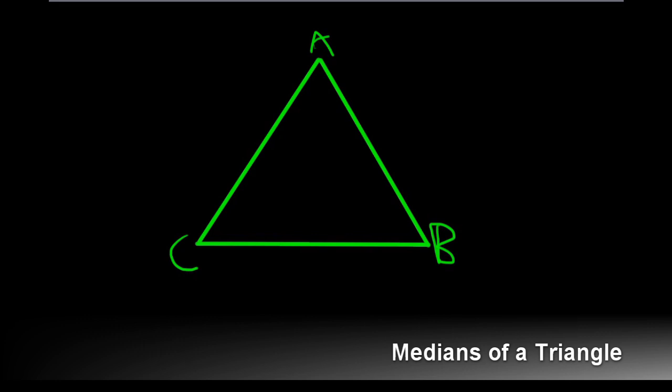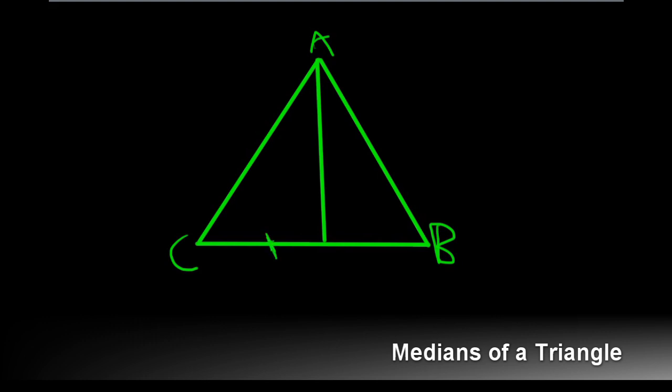Okay, so the last thing that I would like to talk about are the medians of a triangle. So what is the median of a triangle? Each triangle has three medians, and you can form one by joining the vertex to the midpoint of the opposite side. For example, if I take point A, I would join the vertex to the midpoint of the line BC, which would be about here.